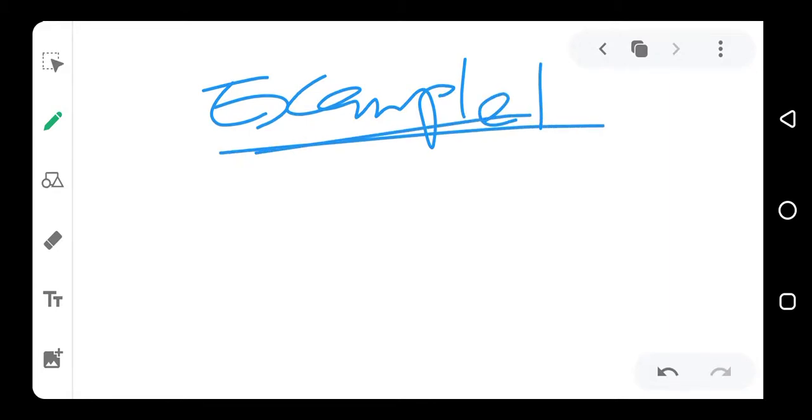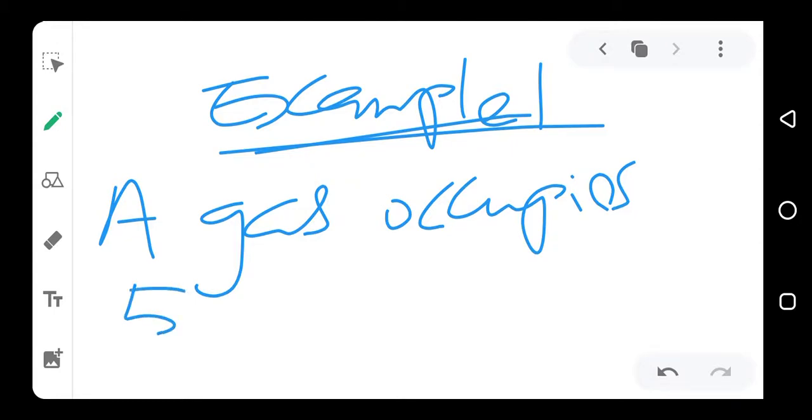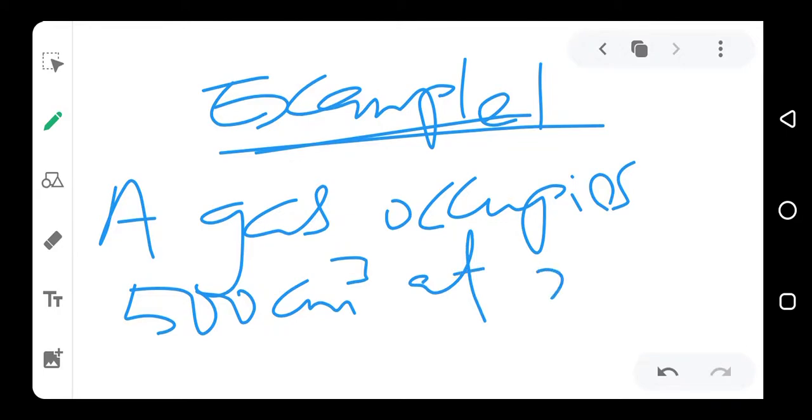In this example, we have that a gas occupies 500 cm cube at 27 degrees Celsius.